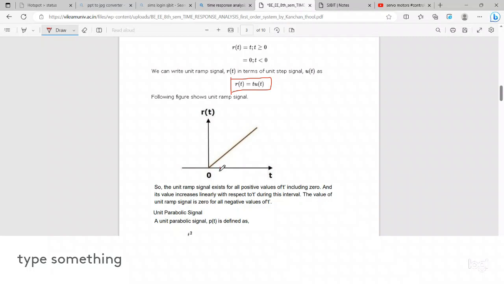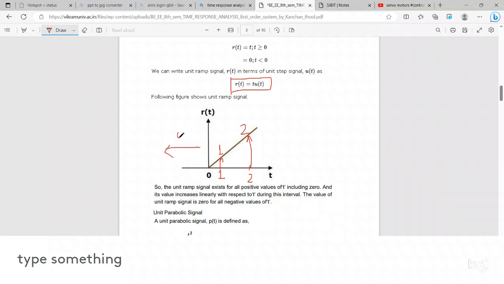At time 1 the output is 1, at 2 the output is 2, at 3 the output is 3. Like this the response happens, and on the negative side it is 0 only.